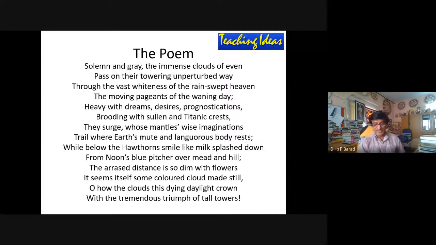Solemn gray, immense, large number of clouds of even, very many clouds, pass on their towering, unperturbed way. So you are getting an image of so many clouds in the sky.